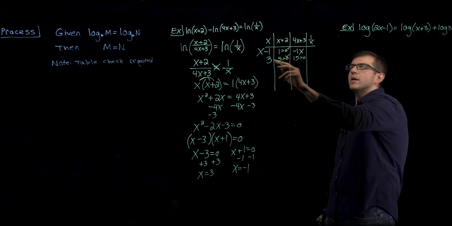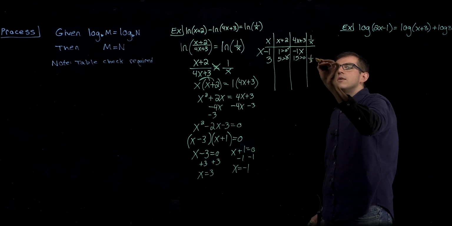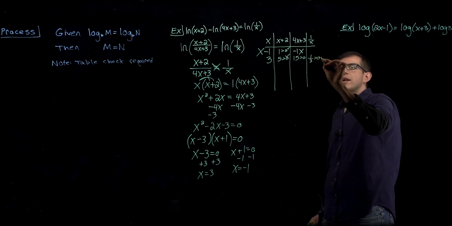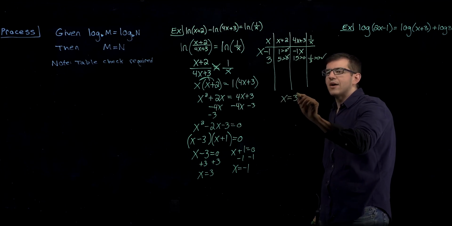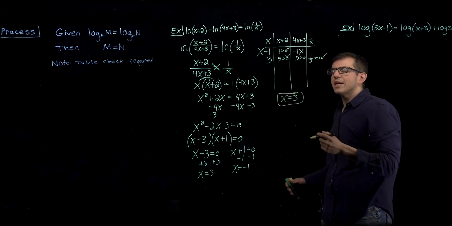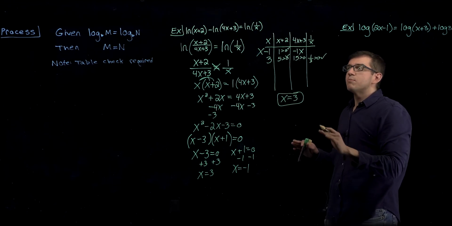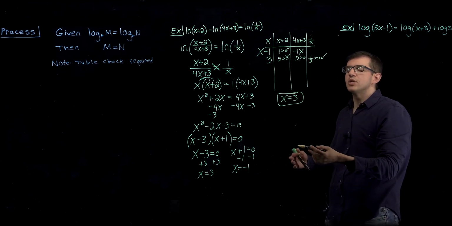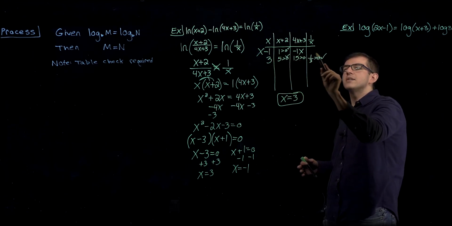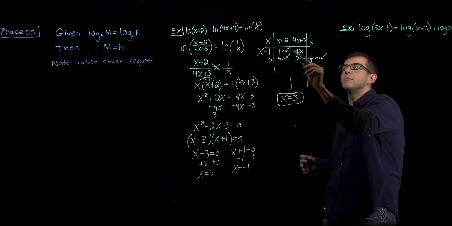And finally, when we plug 3 into 1 over x, we get 1/3, which is small, but still greater than 0. So x equals 3 checks out, and x equals 3 is our only solution. Remember, it is perfectly okay for a negative x value to be a solution. It's just that when you plug it into the table, all of the resulting values must then be positive.